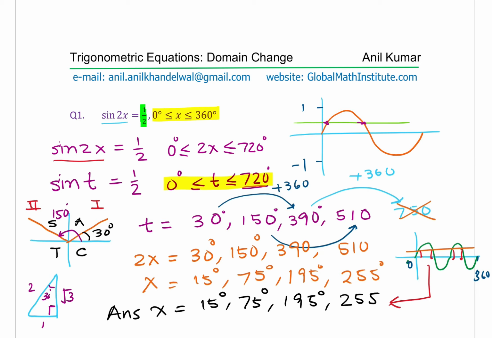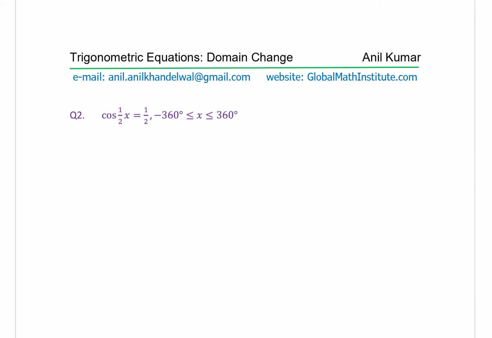Let me take another example here, which is also relatively simple, where we'll practice the concept learned. This time, the question for us is cos of half x is equal to half, where x is between minus 360 degrees and positive 360 degrees.